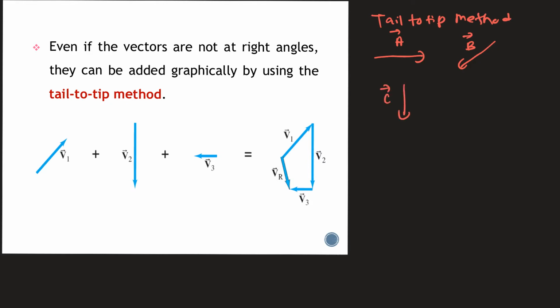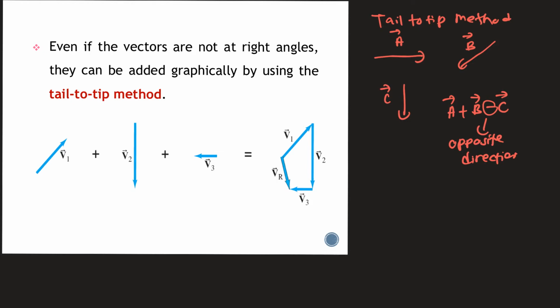So for example, if I ask you, please draw A plus B minus C, what does minus mean here? Minus here means opposite direction, which means that when you see the negative there, you need to make the arrow in the opposite direction.